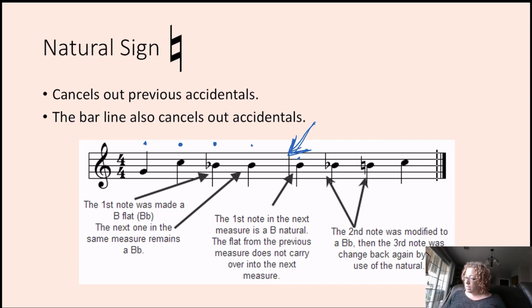This note right here is once again a B natural because the bar line canceled it out. Then we're saying, hey, play a B flat. Then we give it the B natural to tell us to cancel out that B flat. Okay? So you've got the explanation down here, but I just wanted to walk you through that. It's a little confusing. Okay.